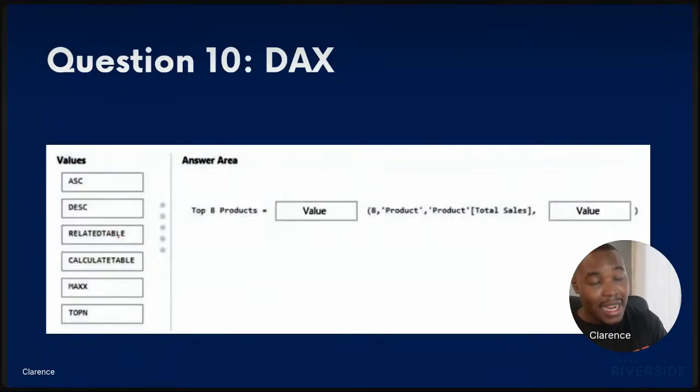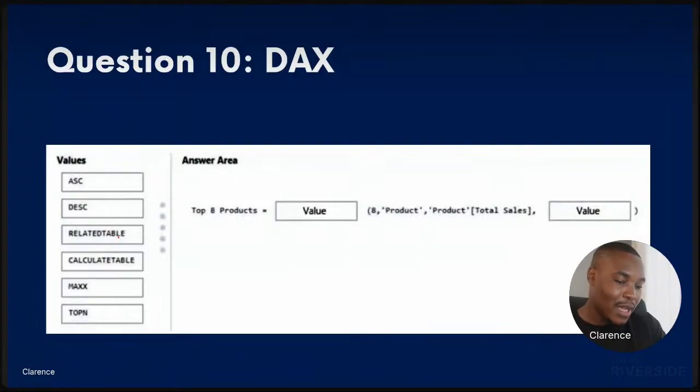If you already have an idea what the answer is, please just add the answer over there. Cool. The other one is max. I'm going to explain this one. Max wouldn't work. If you think about it, we want to get the top 8 results.